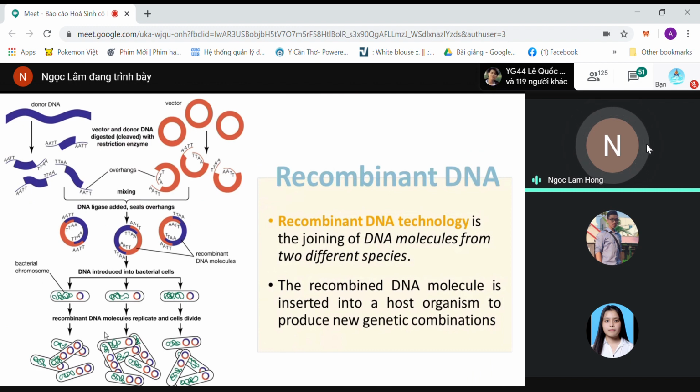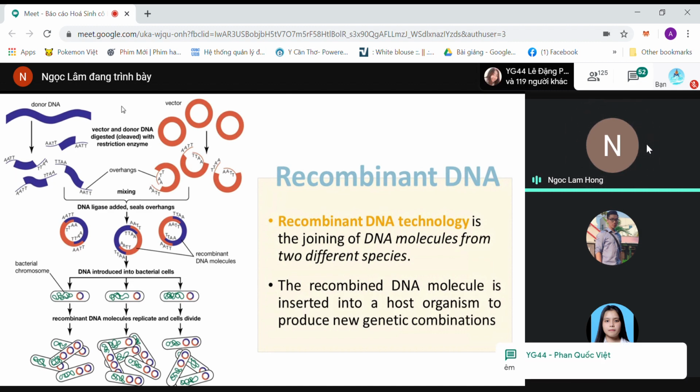Okay, we go to recombinant DNA. Recombinant DNA technology is the joining of DNA molecules from two different pieces here. And here are the products.